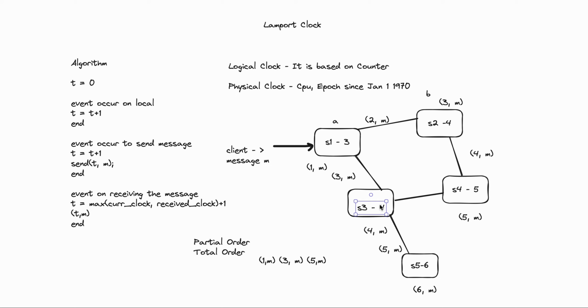But this 4 comma m was caused by an event from this machine. So it should be 1 comma m and 4 comma m, and finally 6. So this is the ordering that happened in this distributed system example when the message is sent from one node to another with the Lamport clock.